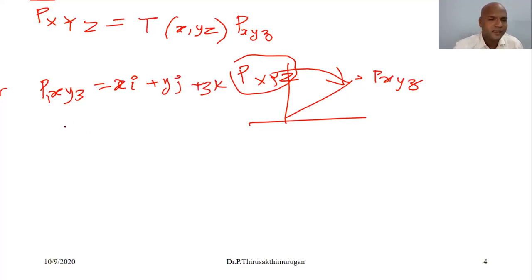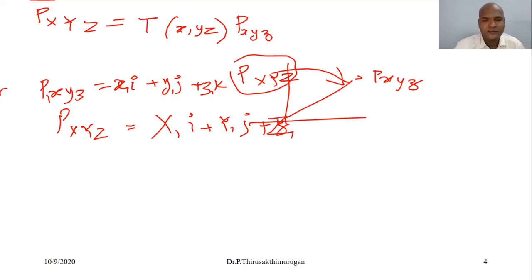Similarly, the global frame, capital P x y z, is represented with initial p1 as x1, y1, z1, so P x y z equals x1 i plus y1 j plus z1 k. These are all the vector representations for the global frame.